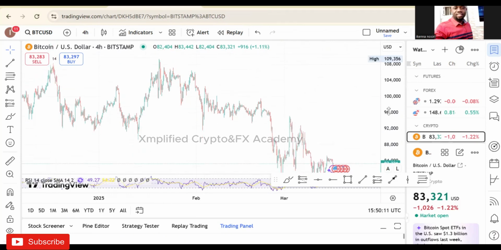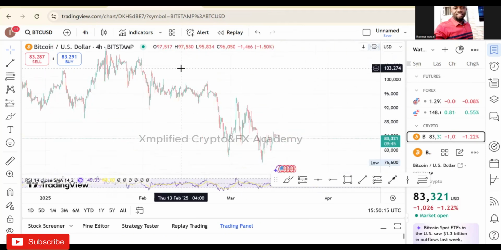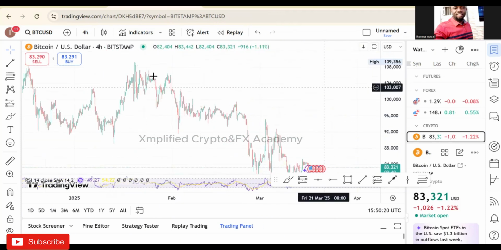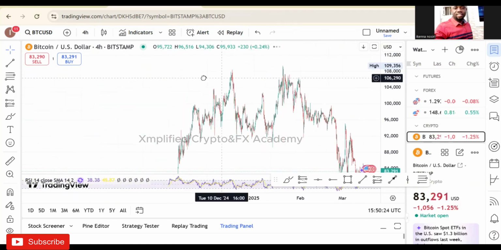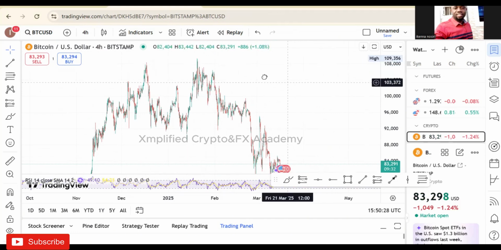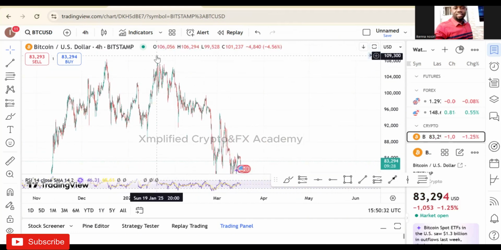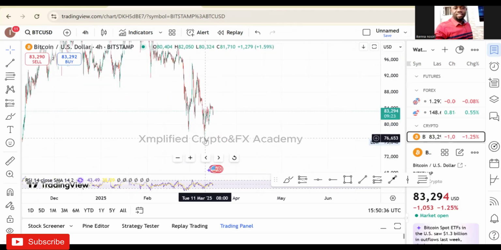So when you check this 4 hour time frame right now, you observe that Bitcoin started falling from this position to 76 thereabouts.